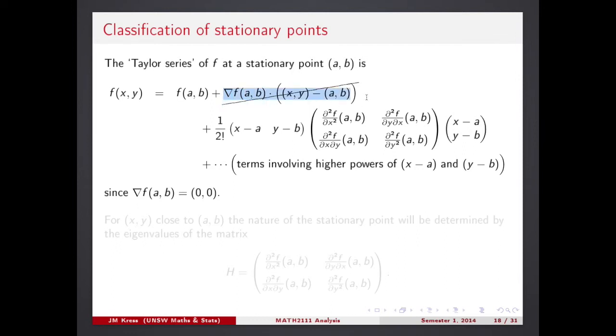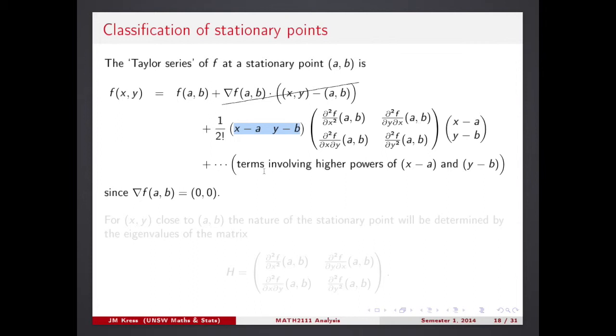And so the behavior of the function, this is a constant term. It doesn't change anything. So the behavior of your function near (a, b), where x takes a and y takes b, is small, the behavior of your function is totally controlled by this term given by the matrix product.